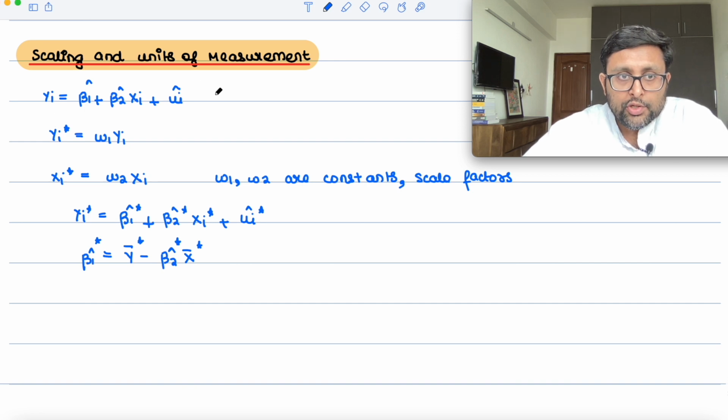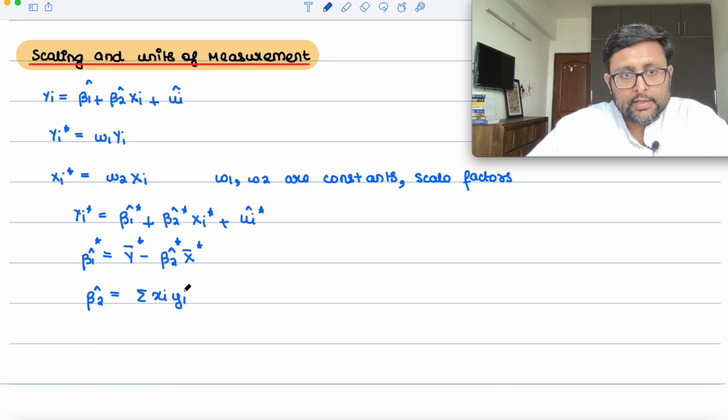If this were the original model, then beta 2 hat would be summation of small xi yi upon summation of small xi square. But for this new scaled model, it would be beta 2 hat star, summation of xi star yi star upon summation of xi star square, right?